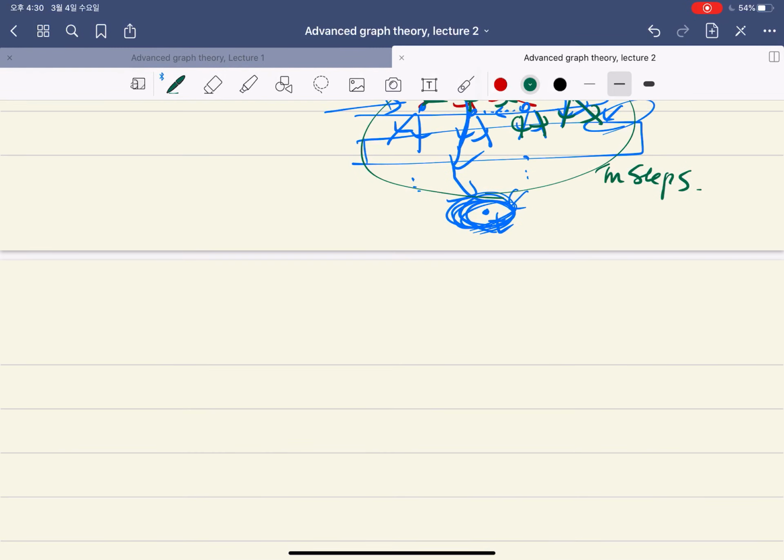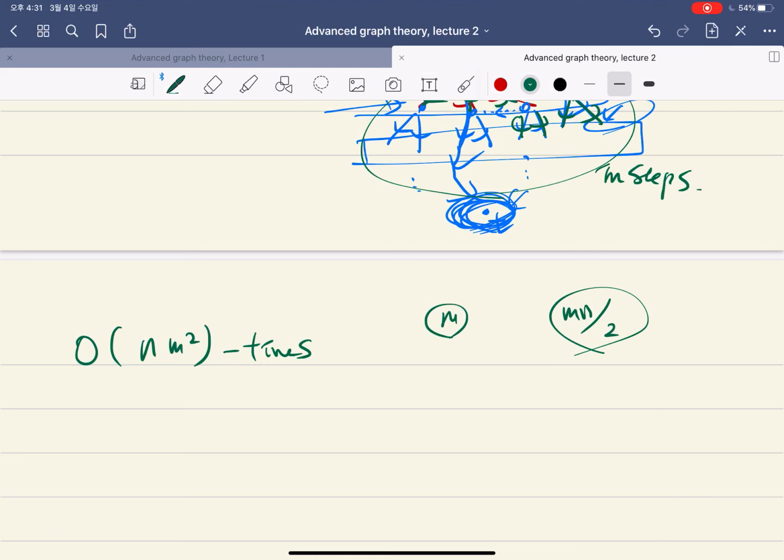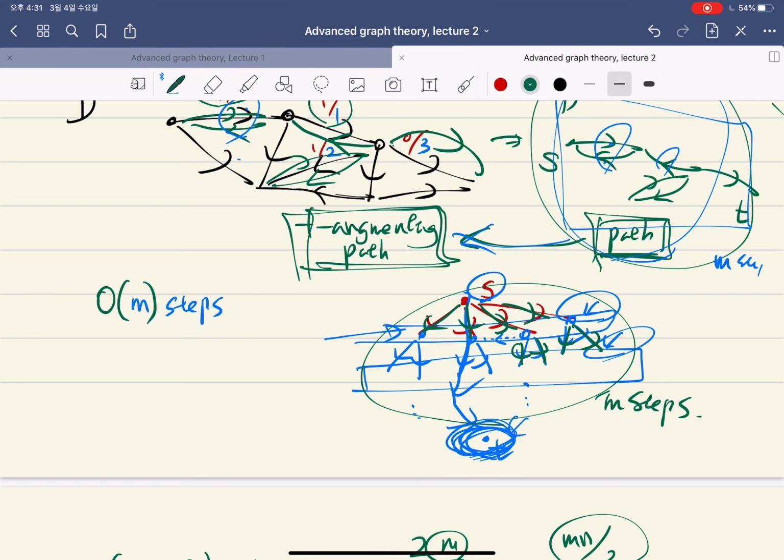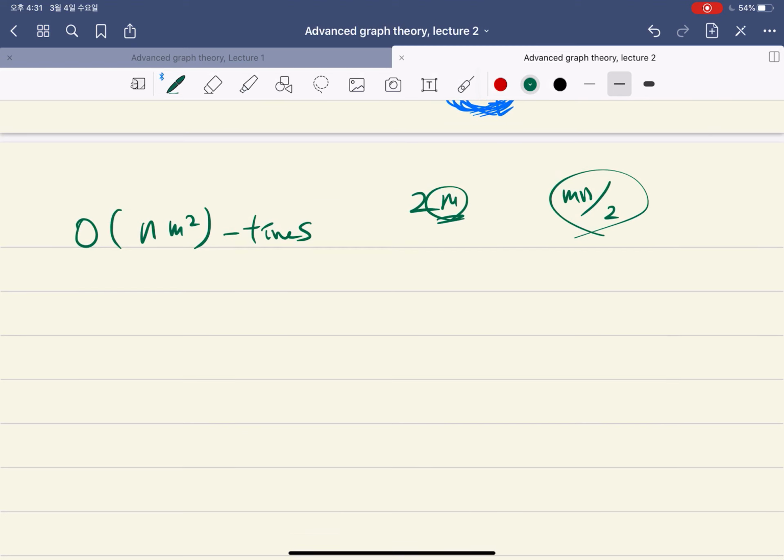So this algorithm runs in n times M steps, because in M steps you can find an F augmenting path, and then how many F augmenting paths you have to find? This many times. Let's say this is not M, this is 2M. So big O of nM steps. So this provides an algorithm to find the maximum flow.